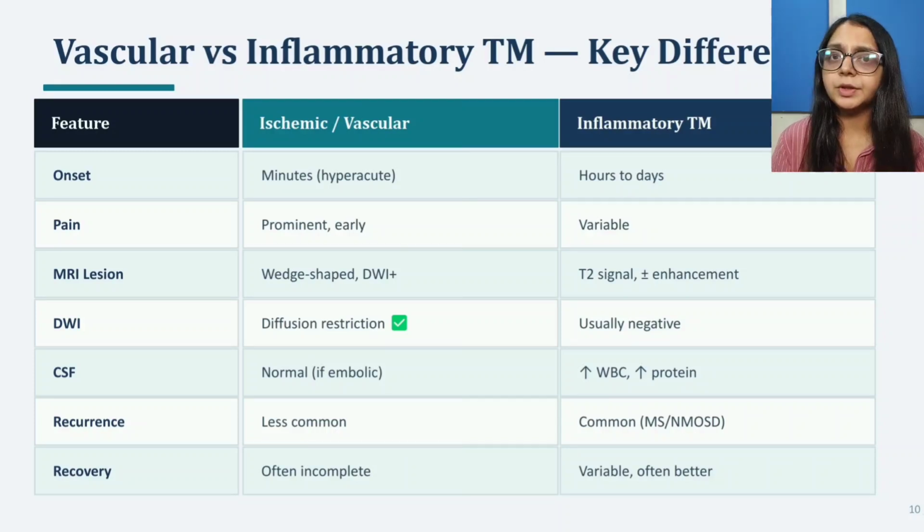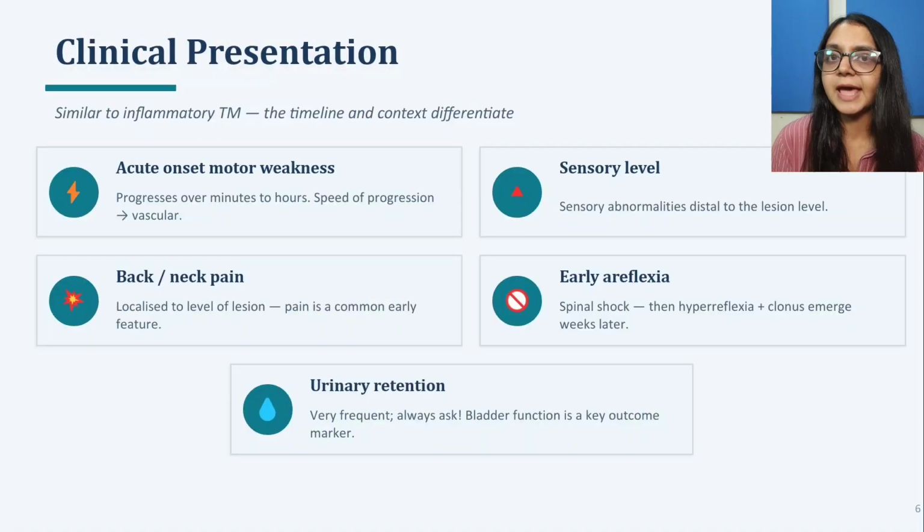Now, whether the cause is vasculitic or embolic, the clinical presentation is actually quite similar to inflammatory transverse myelitis. Acute onset motor weakness progressing over minutes to hours. Sensory abnormalities, a sensory level distal to the lesion. Back or neck pain depending on the level of the lesion.